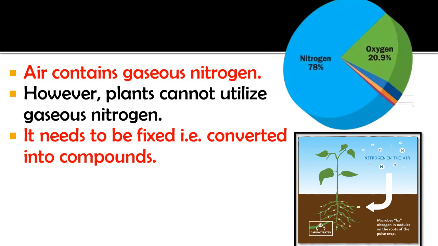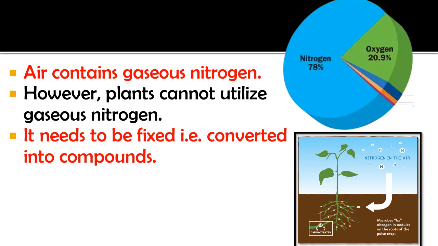Here in the diagram you can see that nitrogen in the air can be converted into compounds like nitrates using microbes. It is written in the soil that microbes fix nitrogen in nodules of the roots of the pulse crop.